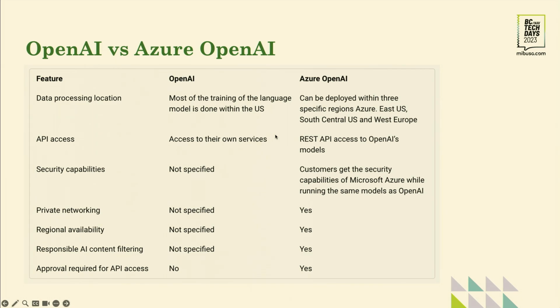However, on top of that, Microsoft adds its infrastructure, security capabilities, and also content filtering. That's the main difference between the APIs from OpenAI and Azure OpenAI.